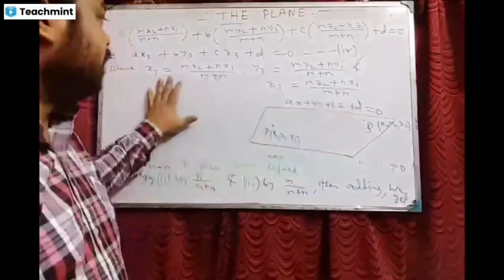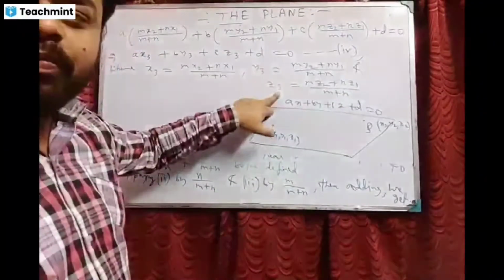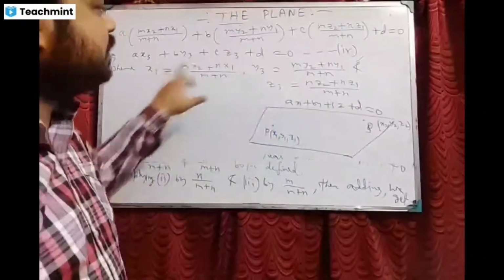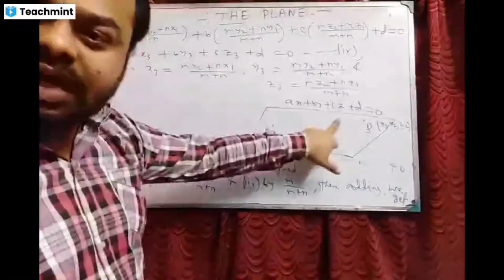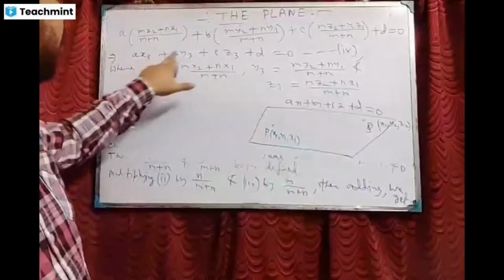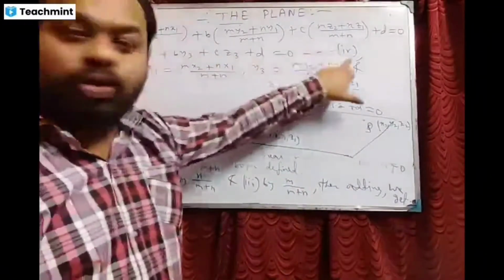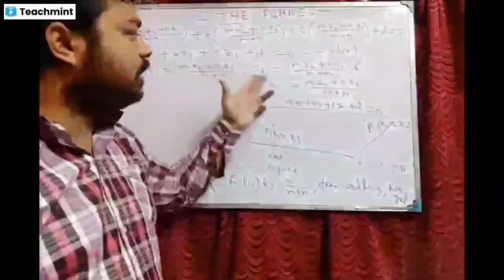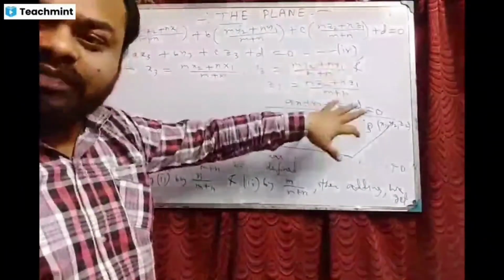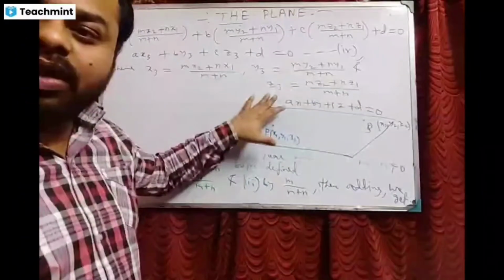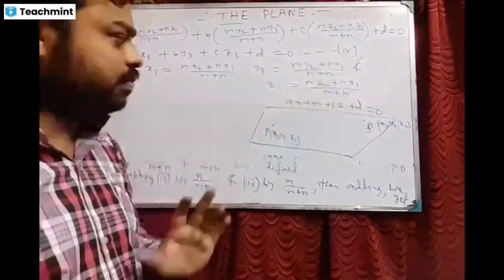We see this is our x3, y3, z3 form, and also x3, y3, z3 satisfy the equation of surface, because a x3 + b y3 + c z3 + d = 0. That is, this point x3, y3, z3 satisfies the equation of surface. That means x3, y3, z3 lies on the surface.